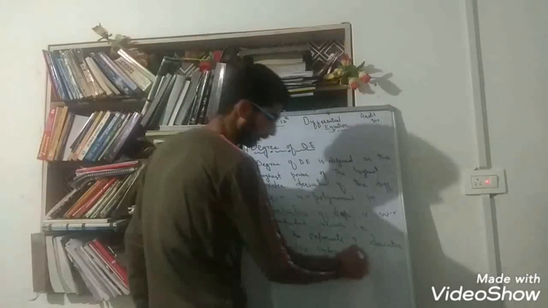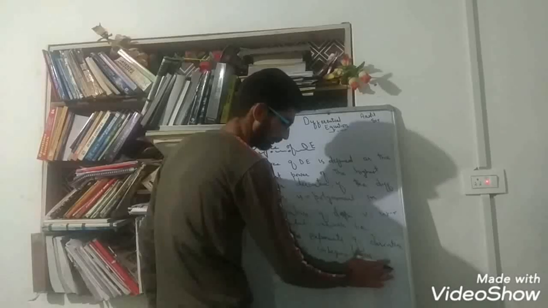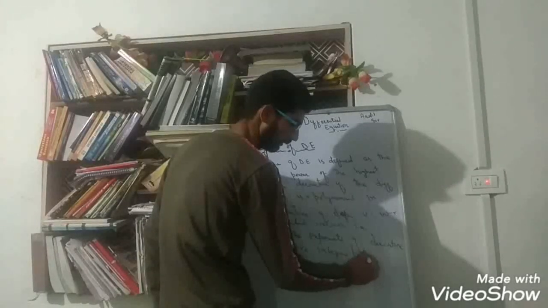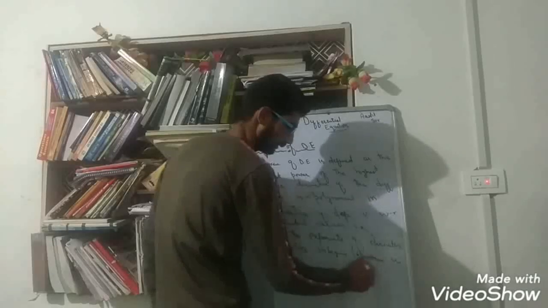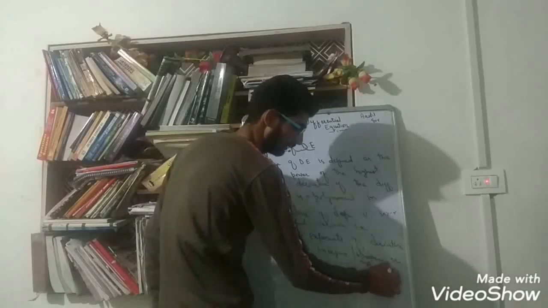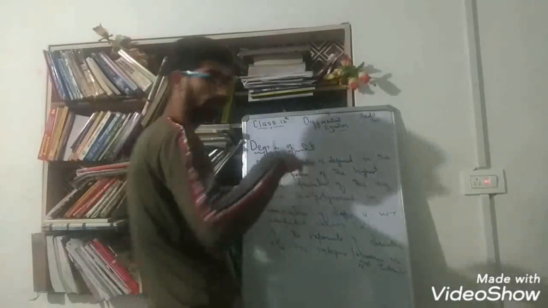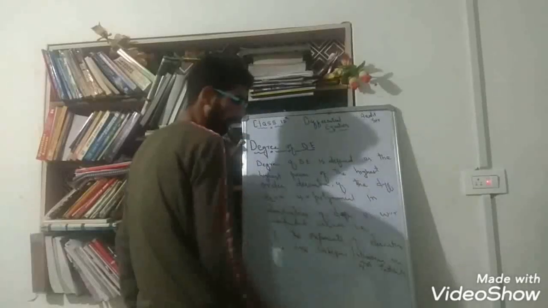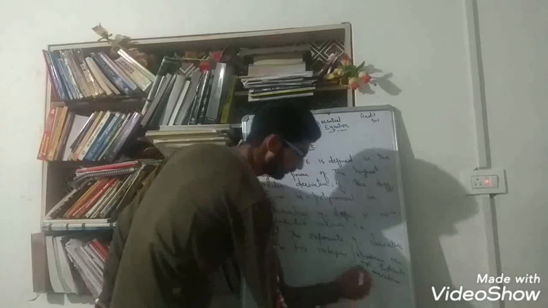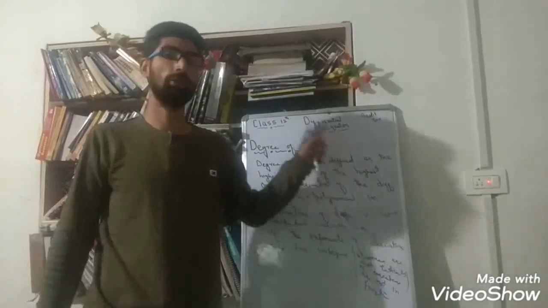So you write in brackets that powers are not radicals, or you can also write for your convenience that powers of the derivative are not in fraction or in denominator. Neither should the derivative be in a fraction, because if it is a fraction then it will not be polynomial.